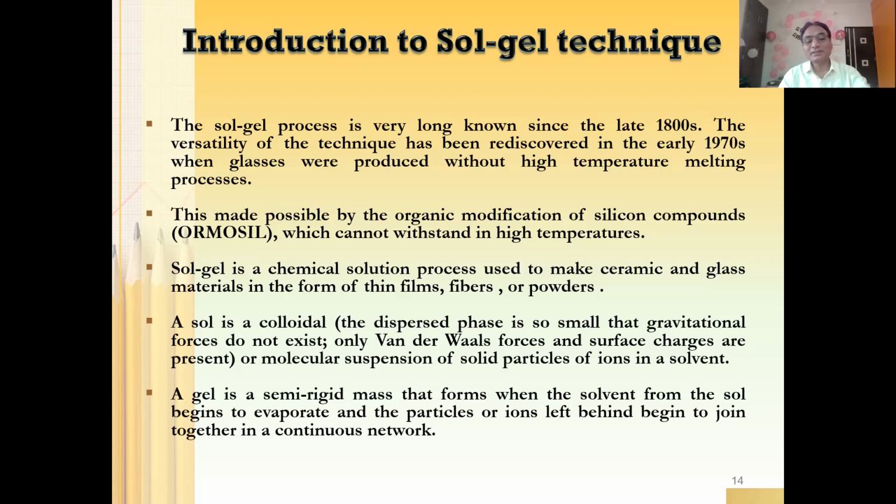So whenever we have a Sol, a molecular suspension of solid particles, whatever solvent is there in the Sol, when it starts evaporating, whatever is left behind is called a gel, and that is why it is called Sol-Gel. Sol-Gel means you have to prepare a Sol first, and then allow it to evaporate. As a result, you will end up with a gel.